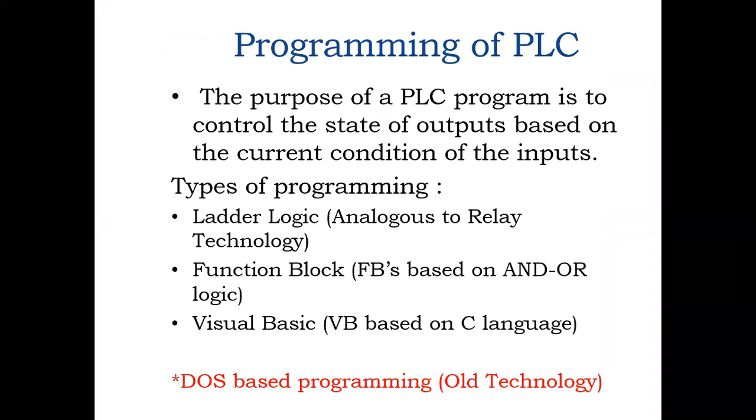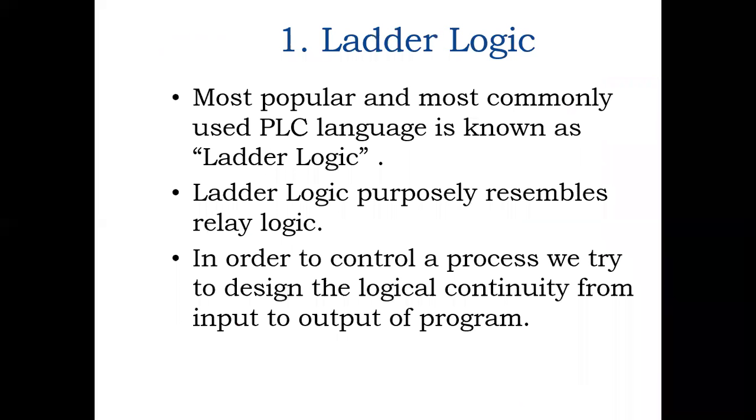The types of programming method in PLC are ladder logic, functional block, and visual basic. The most popular and most commonly used PLC logic is ladder logic. Ladder logic purposely resembles relay logic.